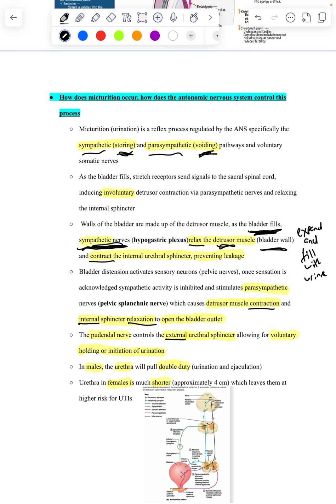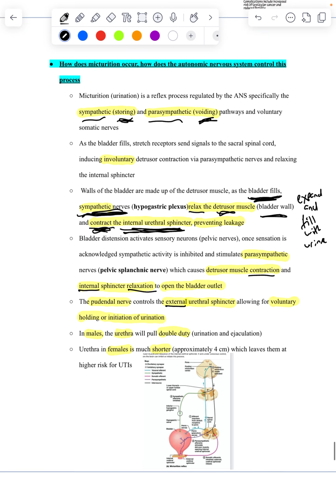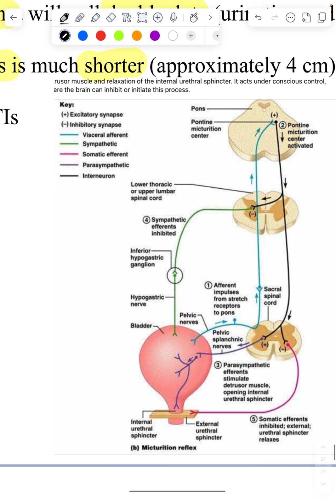It will also contract or close the internal urethral sphincter. So think about it. Your internal urethral sphincter is this thing right here. If we don't want to void, but we want to hold it in, the bladder will expand, but we don't want anything leaking out, so we'll close this. That is the sympathetic response.